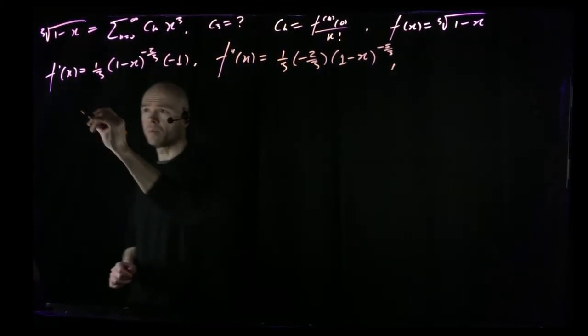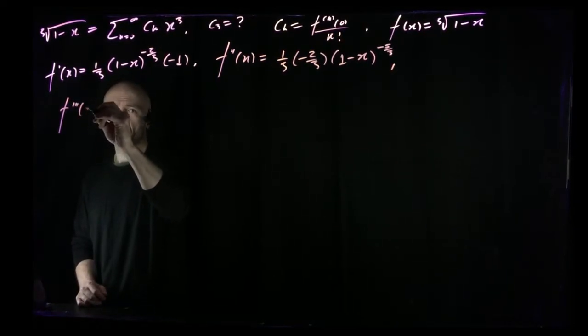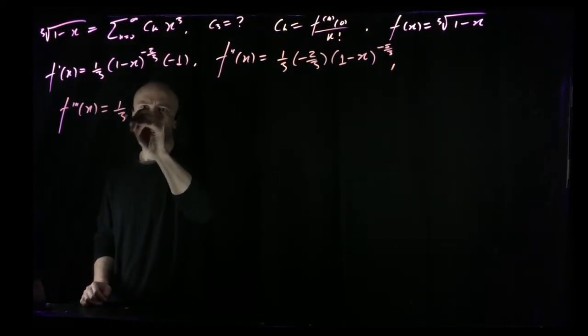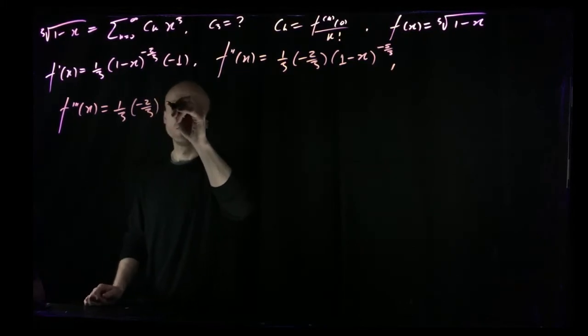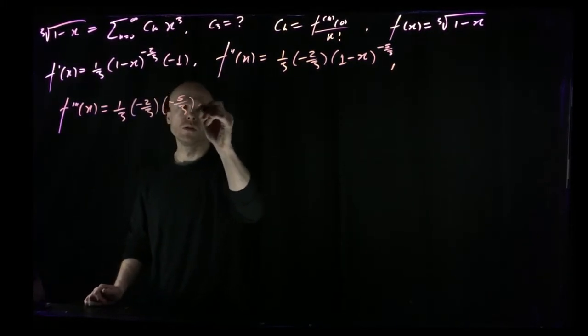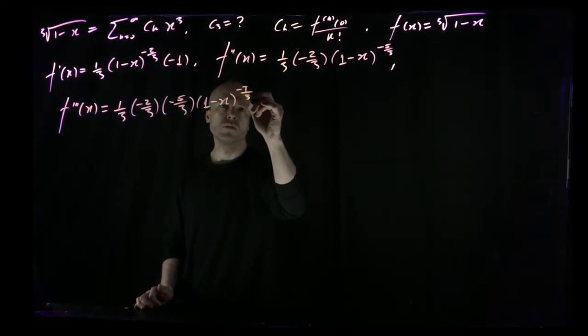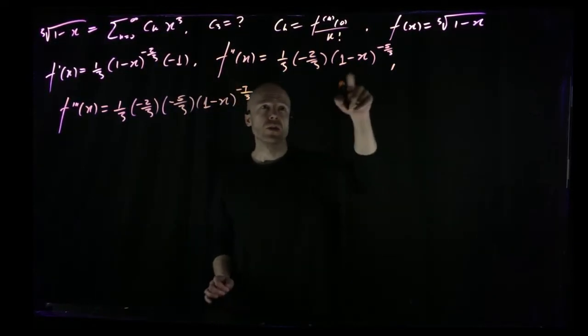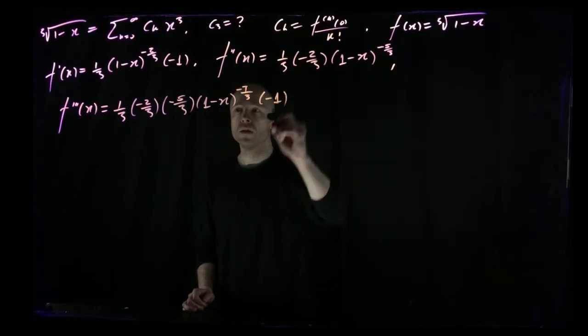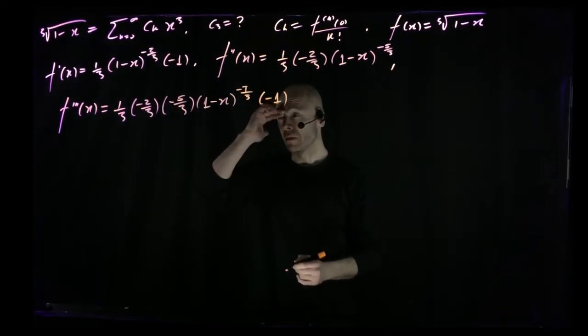Differentiate the third time. 1 over 3, minus 2 over 3, minus 5 over 3, 1 minus x to the minus 7 over 3. Differentiate the inner thing, we now get a minus 1. Okay, so we have minus, minus, minus, so it's going to be minus overall.